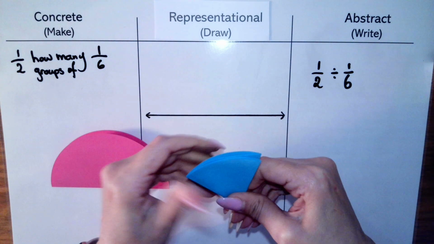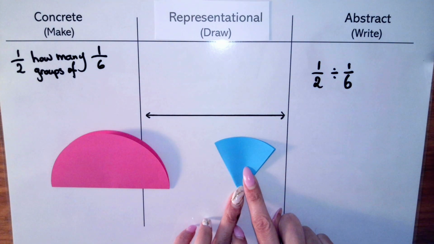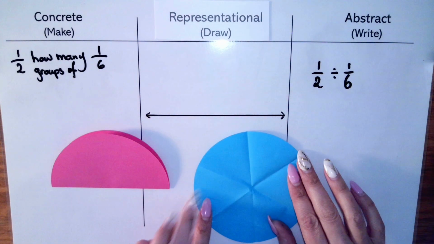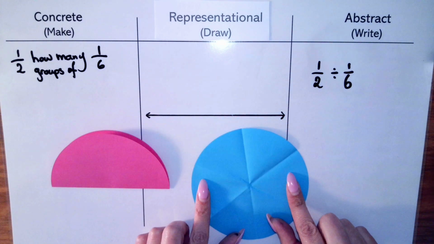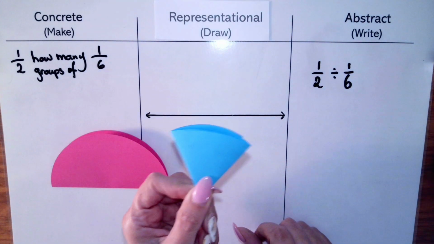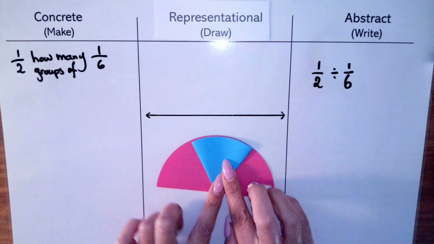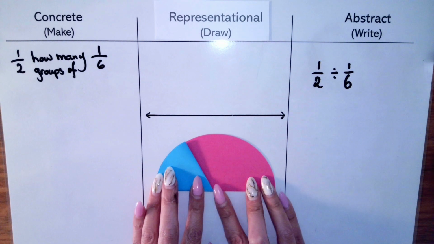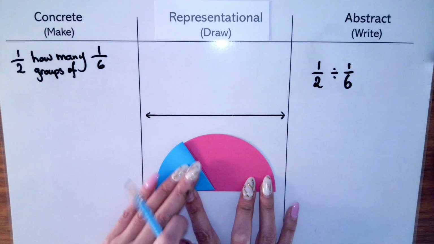Okay, so if I open this up, I can see that this little wedge here, segment, will be our 1/6. So each one of those little segments there is 1/6. I want to know how many of these make up this. So what I'll do is I basically look at this and go, okay, well, I've got 1/6 there, and if you really want to, you can place a line.